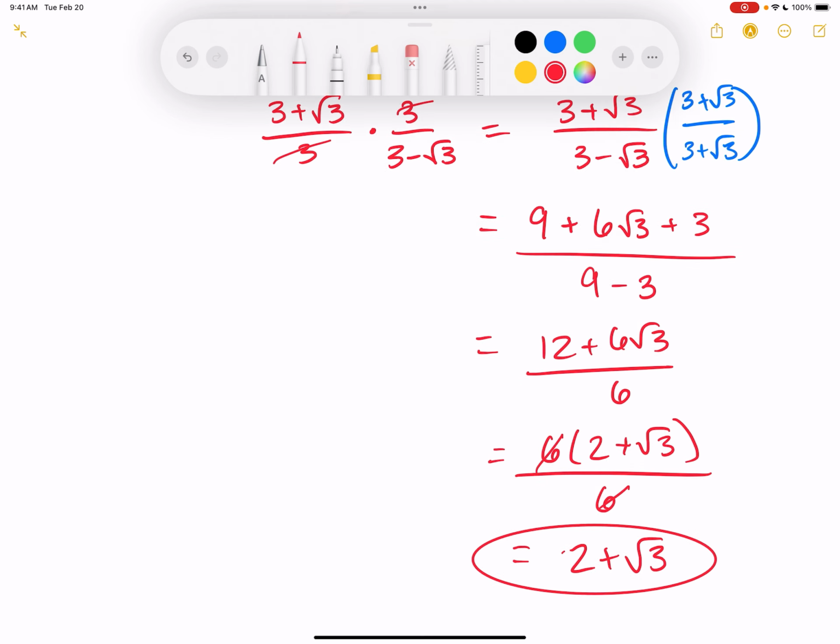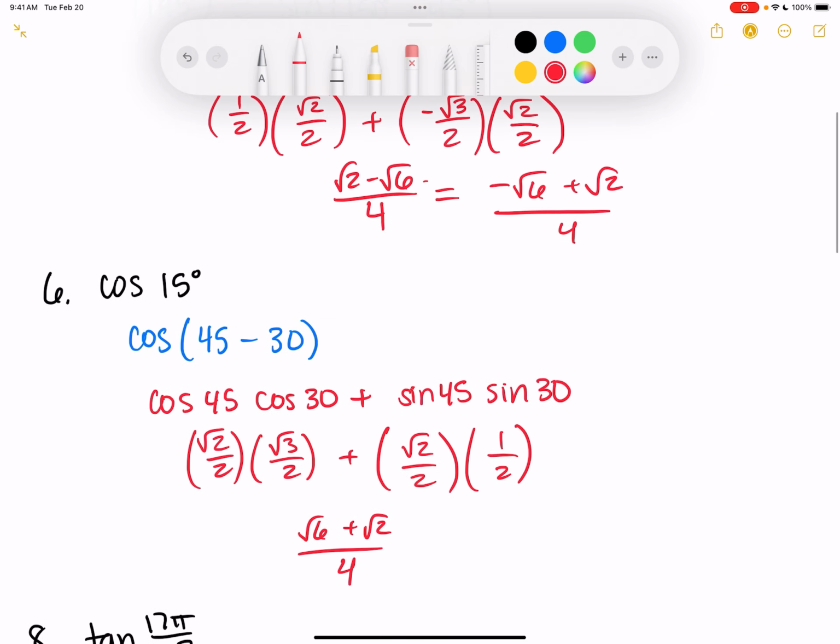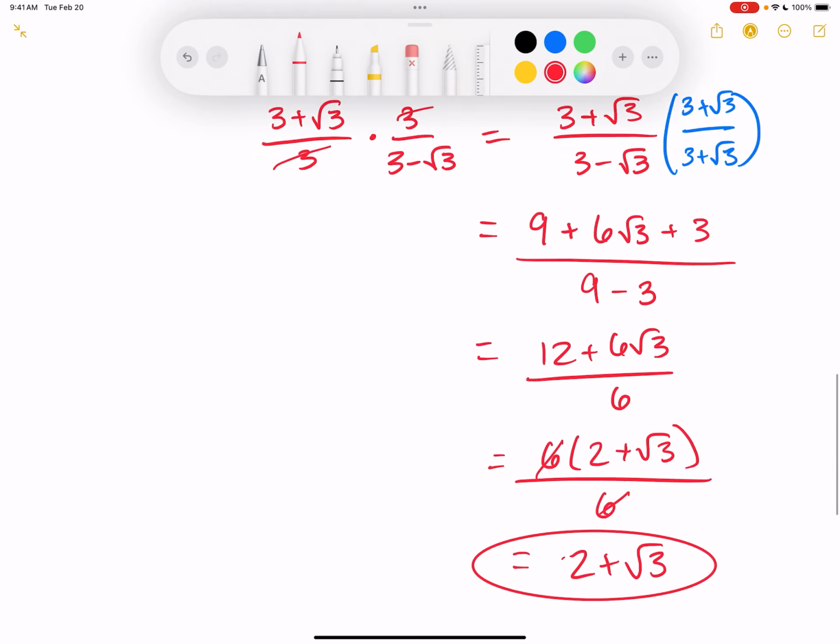I'm showing it to make sure you remember that the 6 has to come out of both pieces, because that's the most common problem with these, people forgetting that it has to come out of both. All your tangent answers should look very similar to these, other than the sign, which might be different on something. Sine and cosine are all going to look like these up here in some form or fashion, just because of the numbers that we're using to do them.